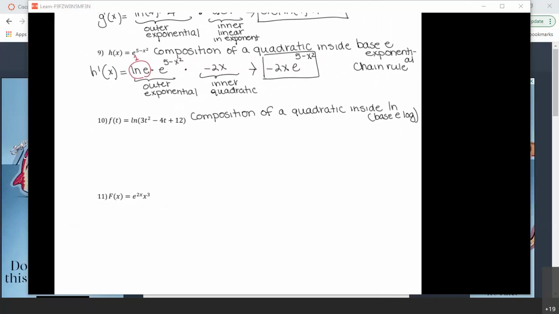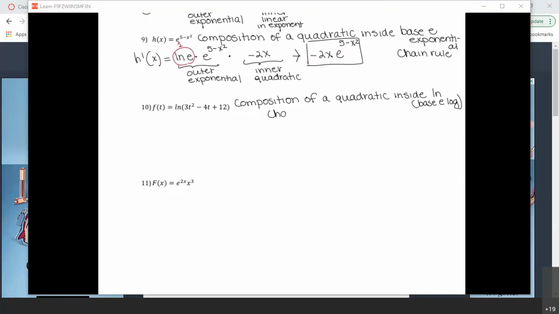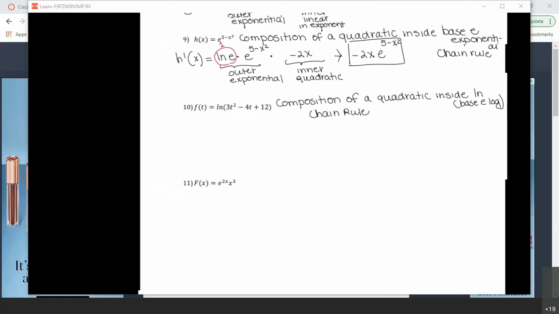So the outer function's the log, the inner function is the quadratic. So I need to use, again, the chain rule, because I have a composition.